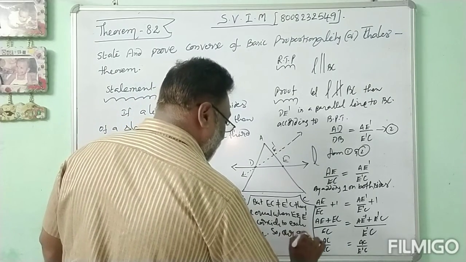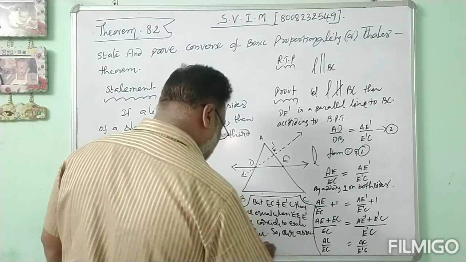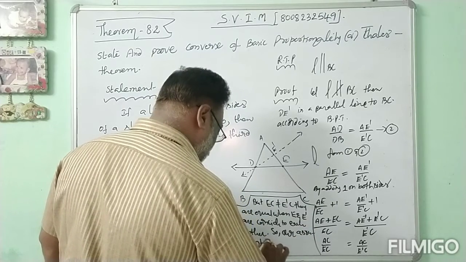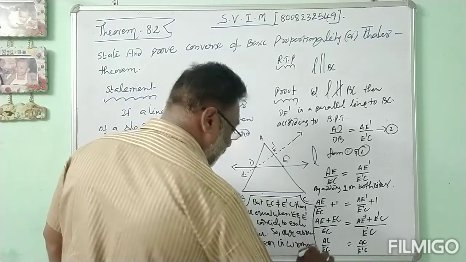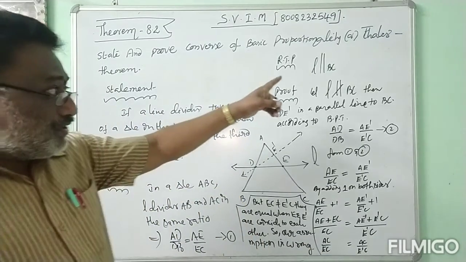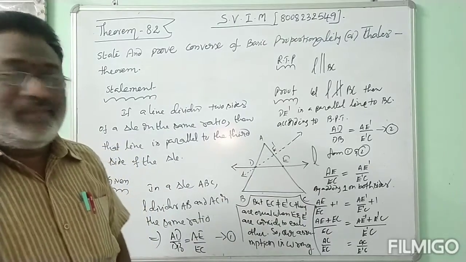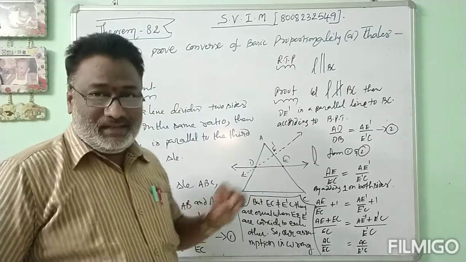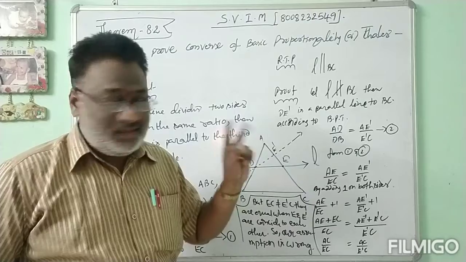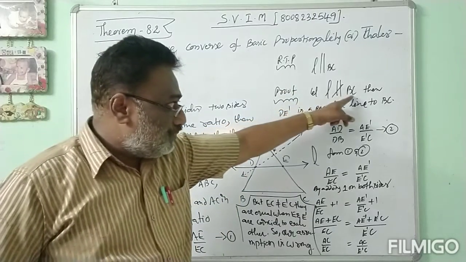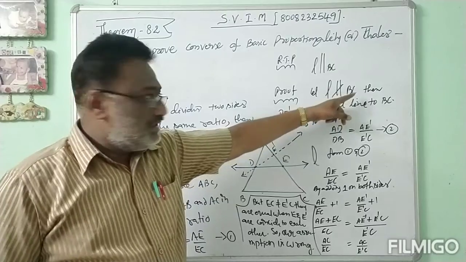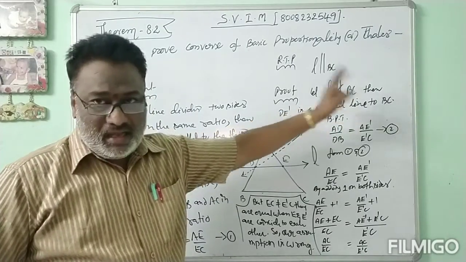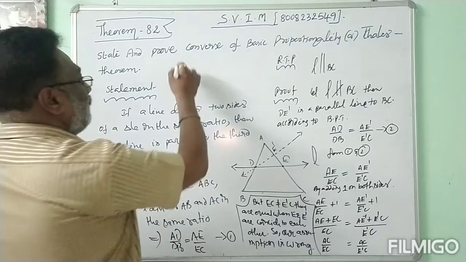What is our assumption? L is not parallel to BC. That is wrong. So which is right? L is parallel to BC is correct.